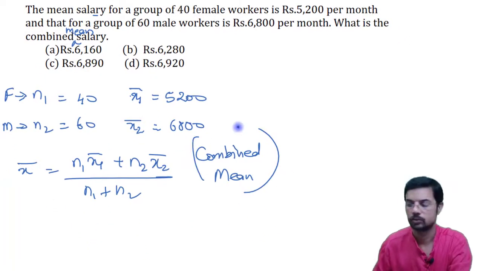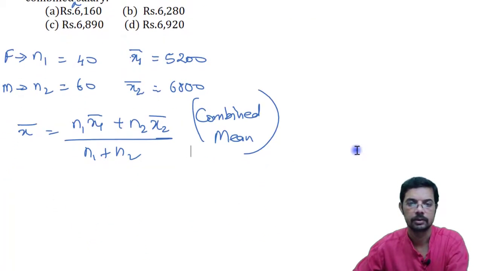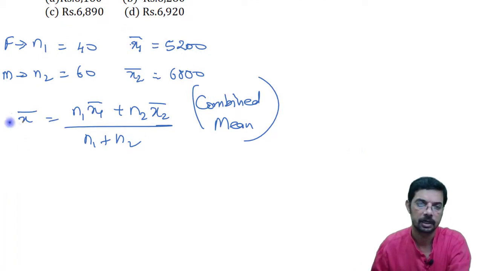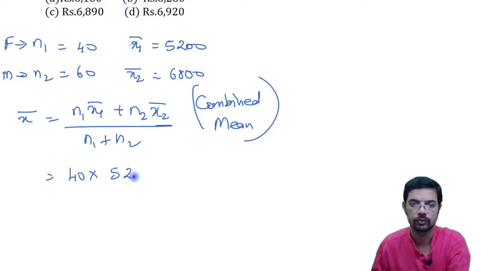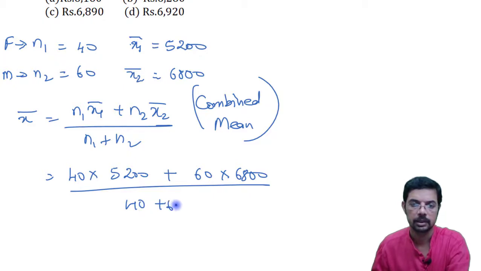We just need to put the values and calculate the combined mean, and that is equal to N1, which is 40, into x1 bar, 5200, plus N2, which is 60, into 6800, divided by N1 plus N2, that is 40 plus 60.